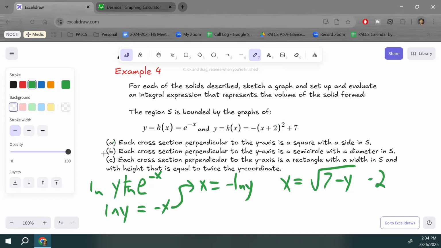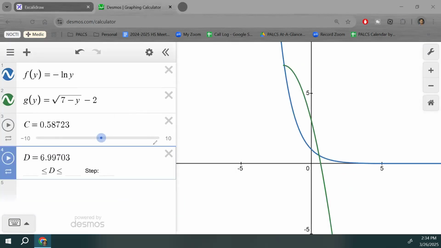Part B, each cross-section perpendicular to the y-axis is a semicircle with diameter in S. Cross-section perpendicular to the y-axis, but this time we're putting on a semicircle, so half a circle. So the area formula for a semicircle, 1/2 pi r squared. In this case, the radius is equal to the diameter divided by 2.